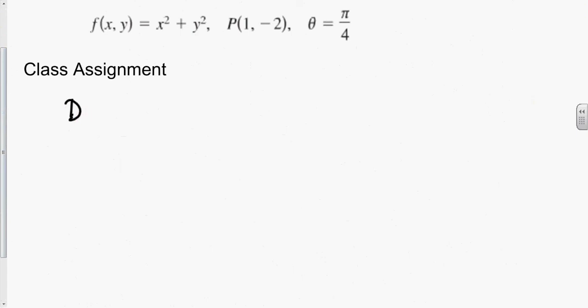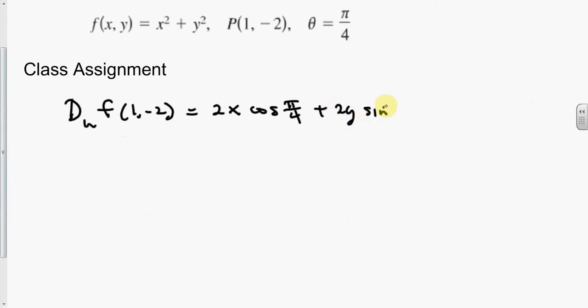The directional derivative of the function in the direction of u at the point 1, negative 2. This is 2 times x times cosine pi over 4 plus 2y times sine of pi over 4. Well, this is 2 times 1 times square root of 2 over 2 plus 2 times negative 2 times square root of 2 over 2.